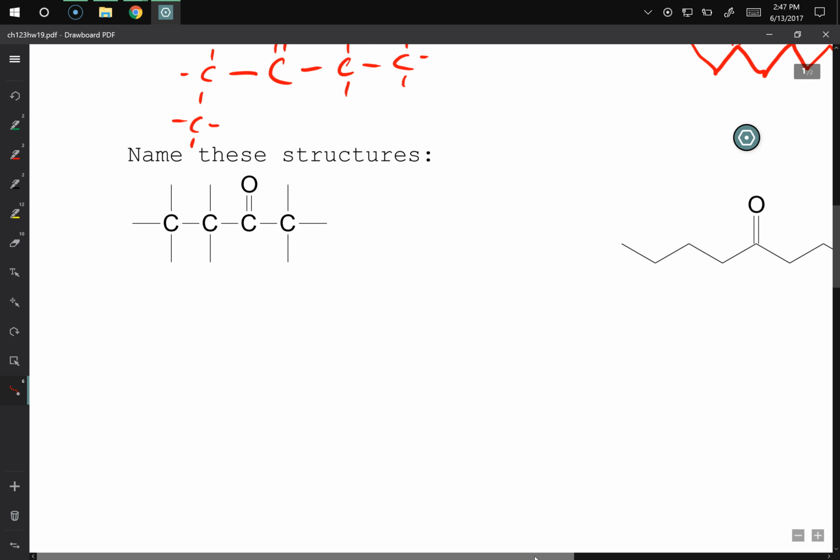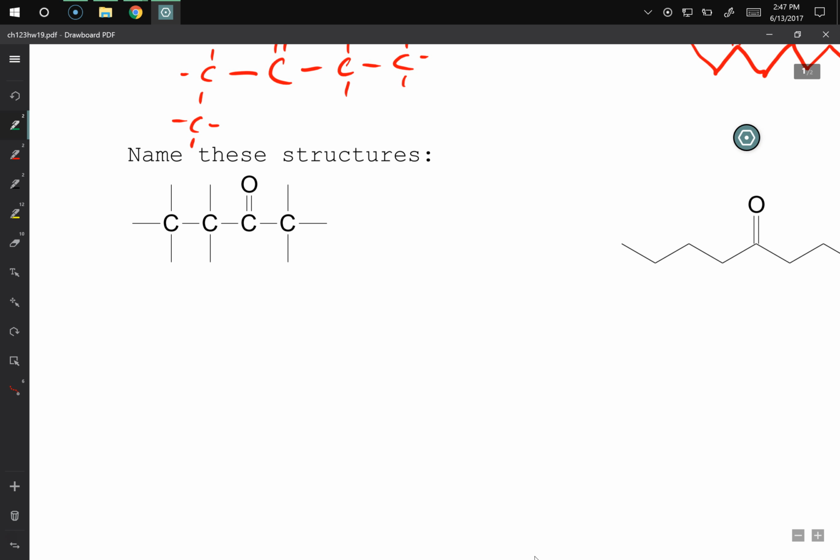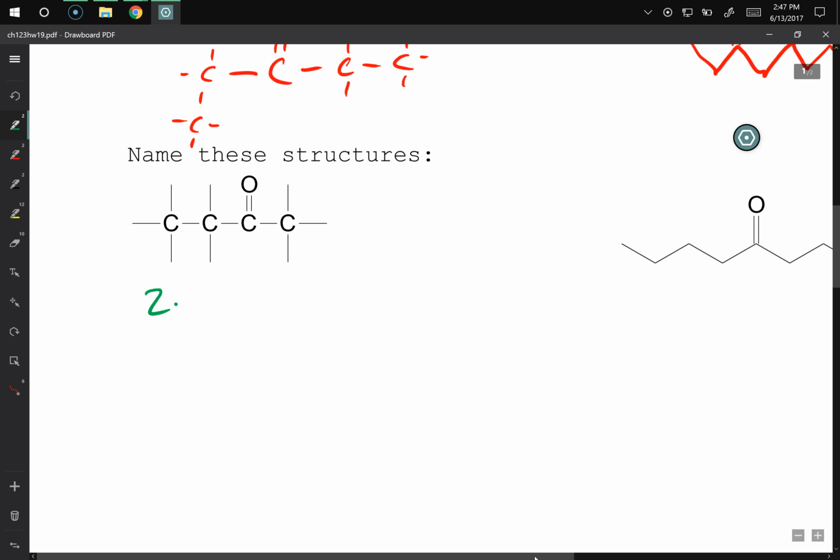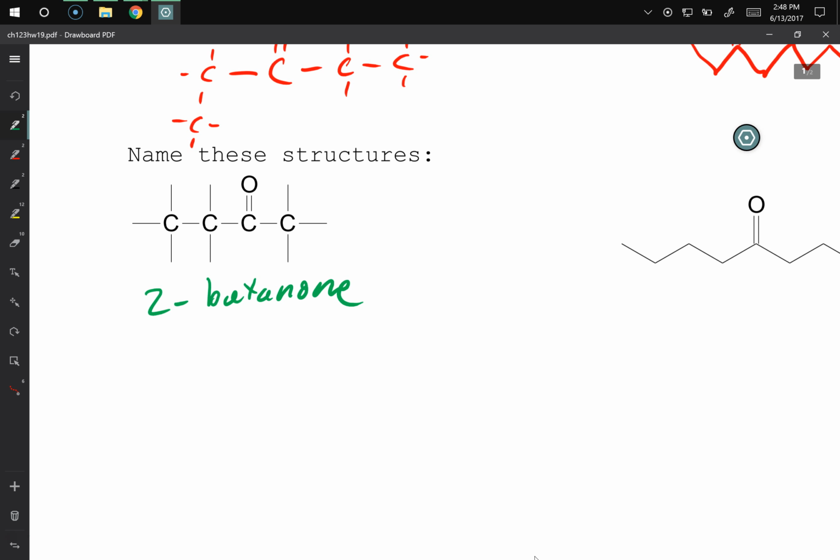How about this next one? We good with 2-butanone? Can you give me the common name for it?